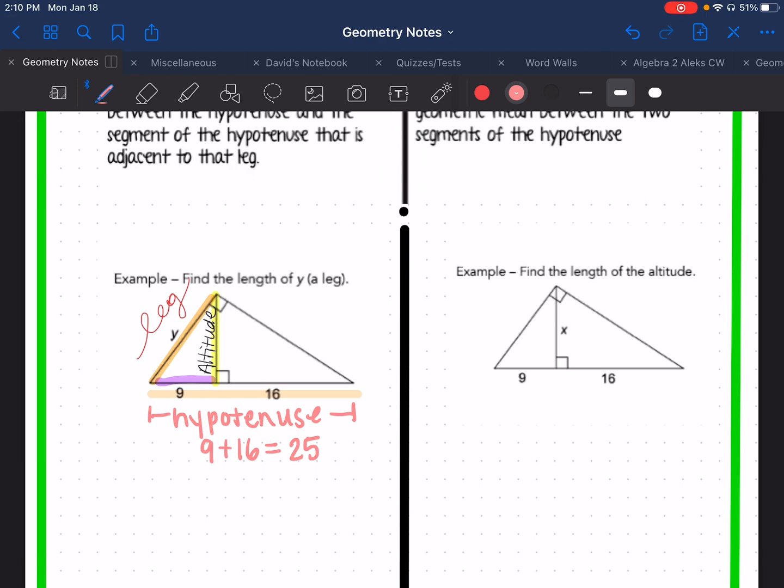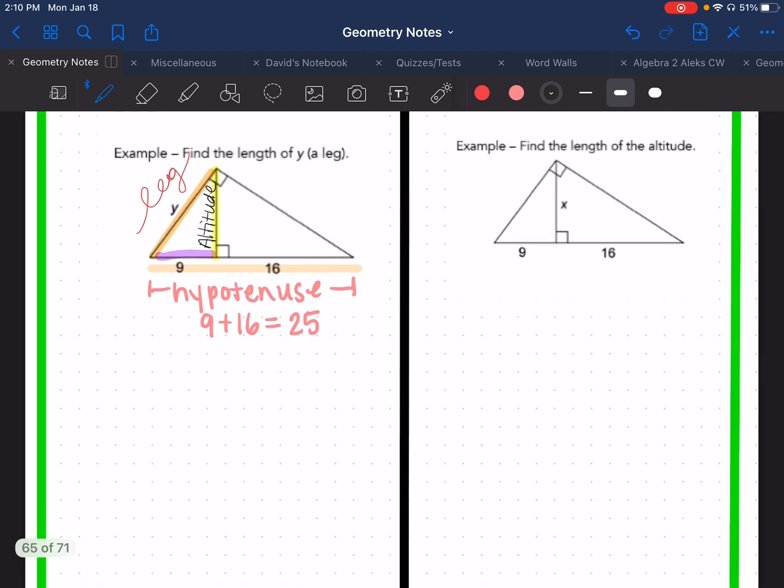All right, here we go. Let's go ahead and set up our proportion. Our leg is our geometric mean. In the beginning, it might be a good idea to go back and take a look, but you're going to put leg, leg. You're going to put the part of the height. Wait a minute.